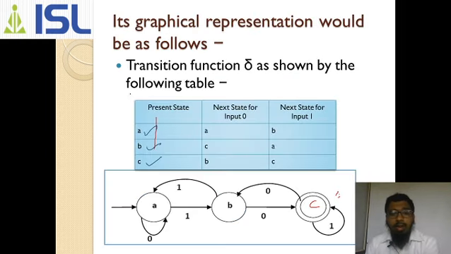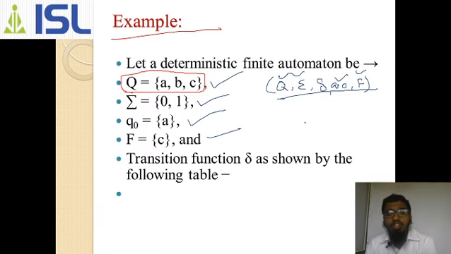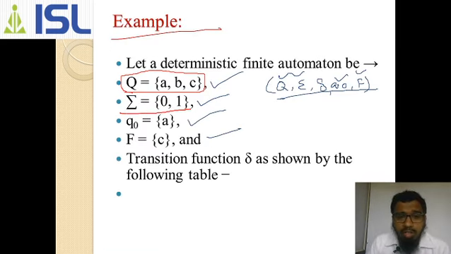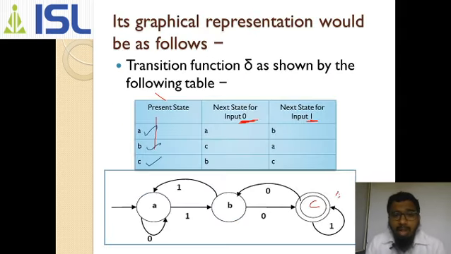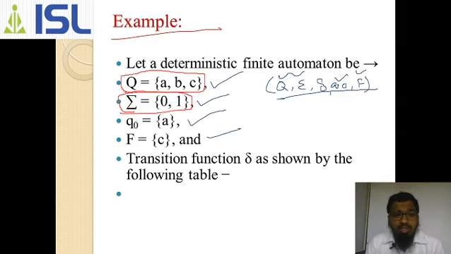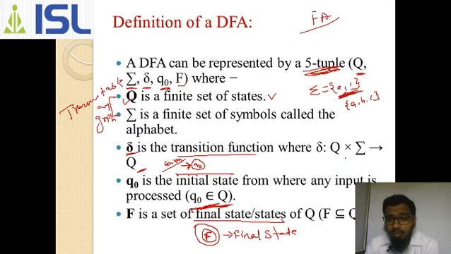Now what is this 0, 1? 0, 1 is this. So with the help of Q and sigma, we will get the delta like this. Can you see this?